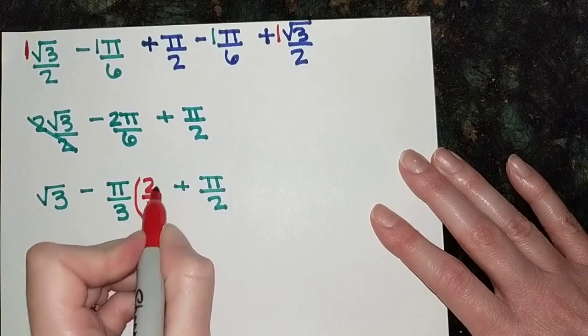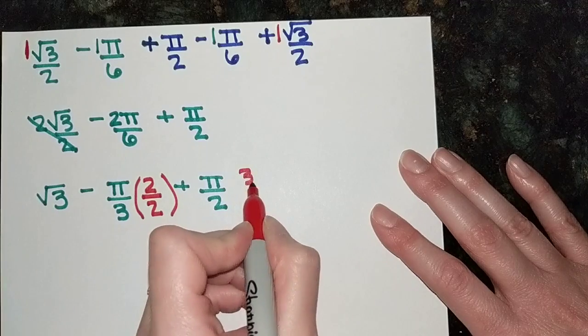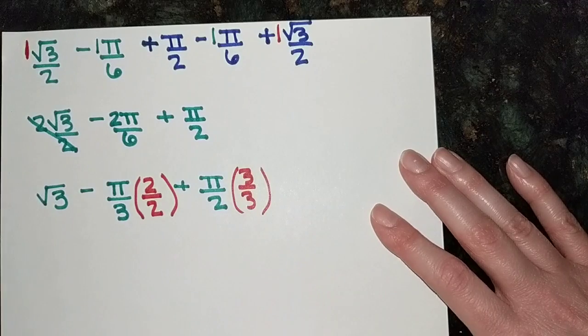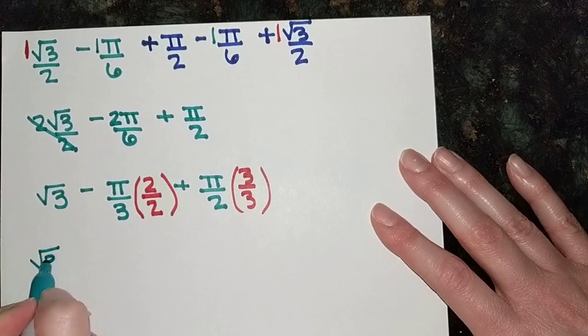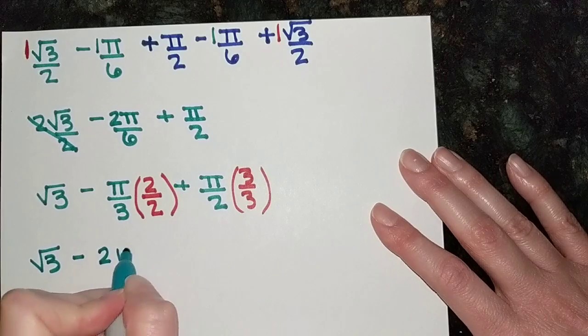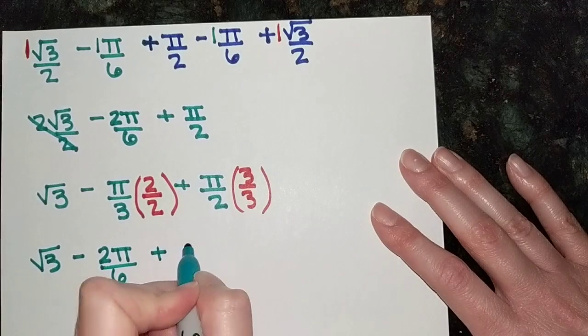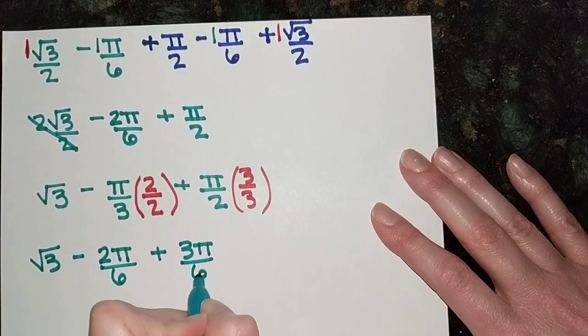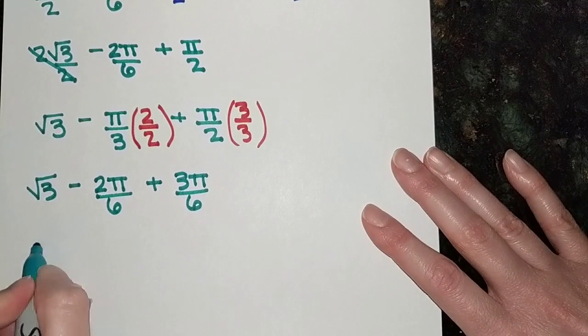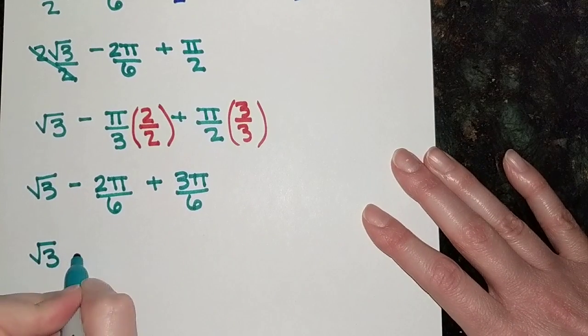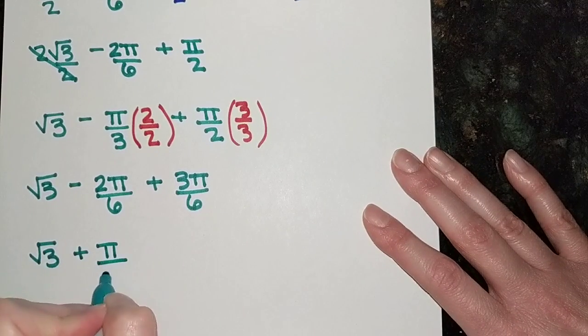So multiply by 2 over 2 and multiply by 3 over 3. So that gives us square root of 3 minus 2 pi over 6 plus 3 pi over 6. And then adding those coefficients, we get square root of 3 plus pi over 6.